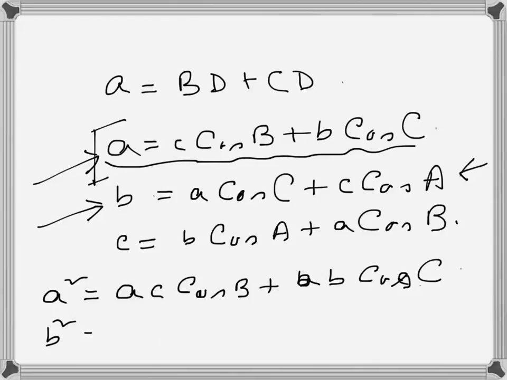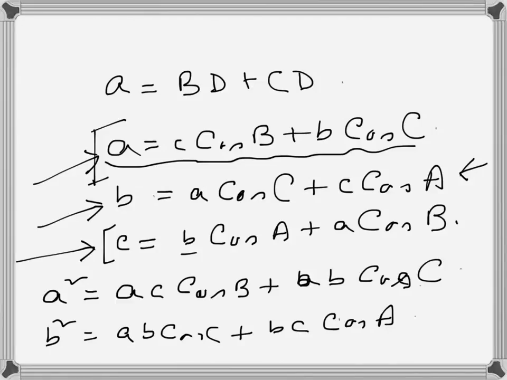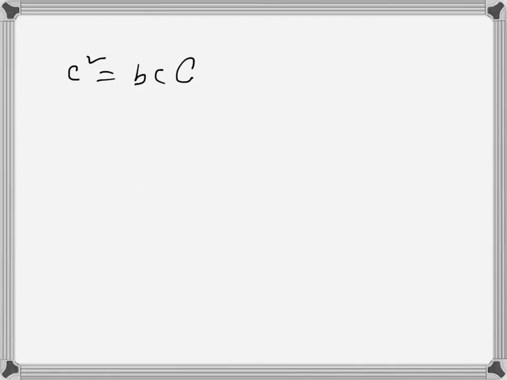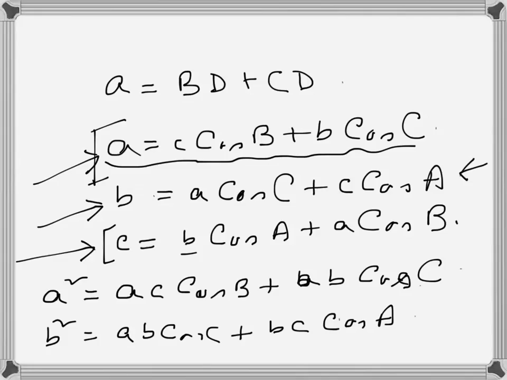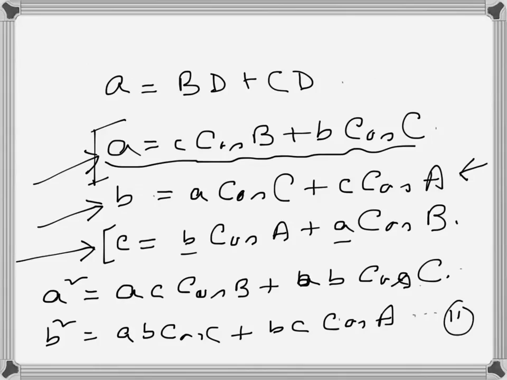So it becomes b square equals ab cos C plus bc cos A. The third one, taking this equation and multiplying both sides by c, c square is equal to bc cos A plus ac cos B. Let's call these equations 1, 2, and 3.